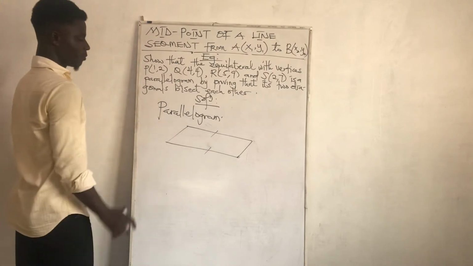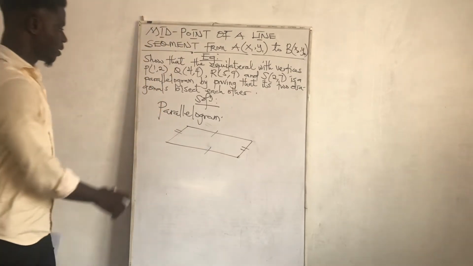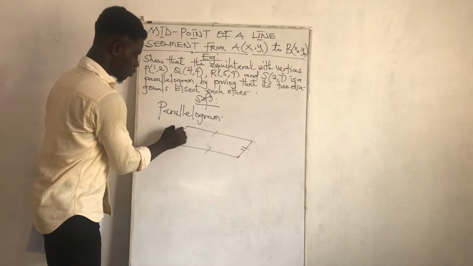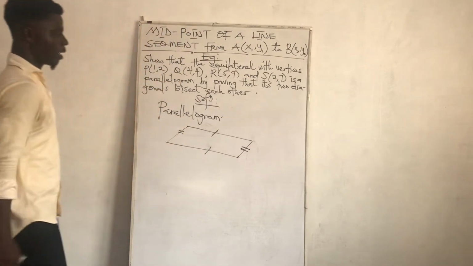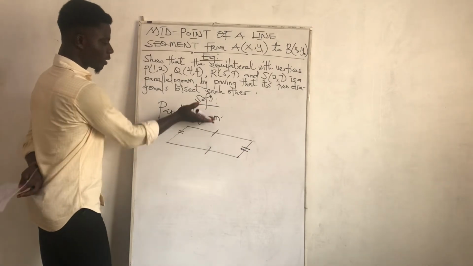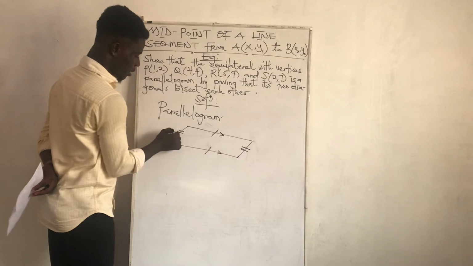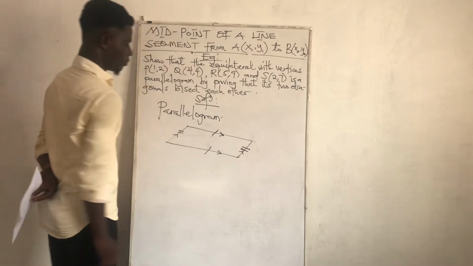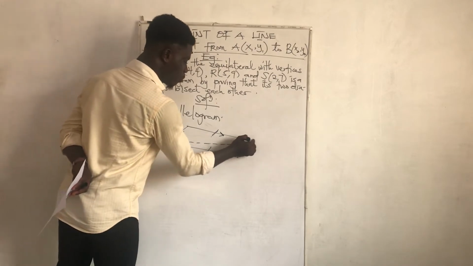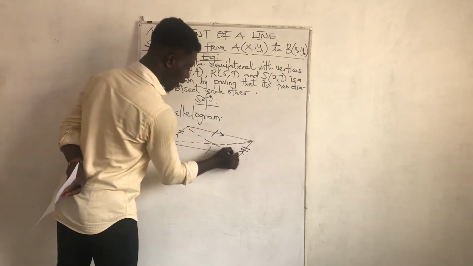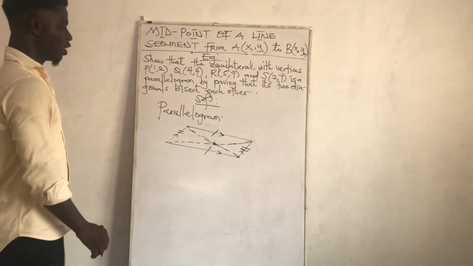That's one. Then we have that, the other opposite sides are equal. So we have a parallelogram. Then these opposite sides are parallel. So the question says that we should prove that they bisect each other.